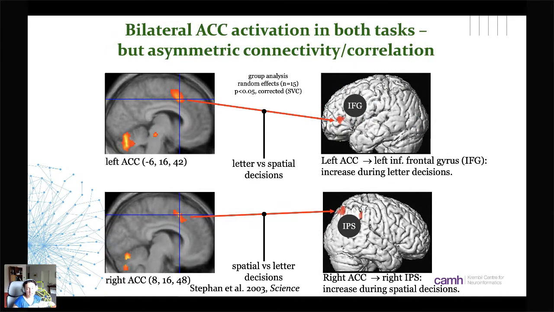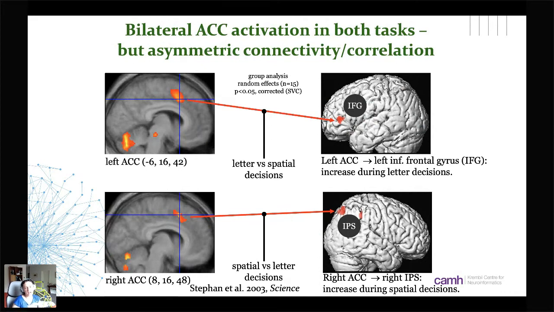So the left ACC was correlated with the left inferior frontal gyrus, and this connection increased during letter decisions, whereas the right ACC was connected to the right inferior parietal sulcus. This connection was stronger during spatial decisions.